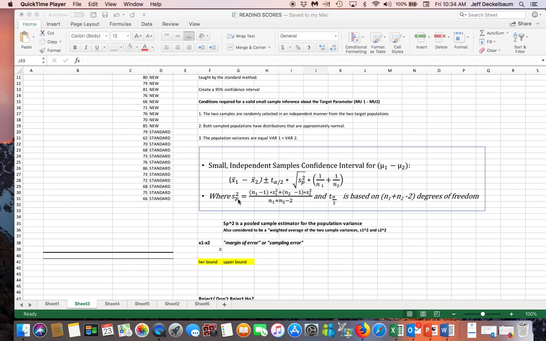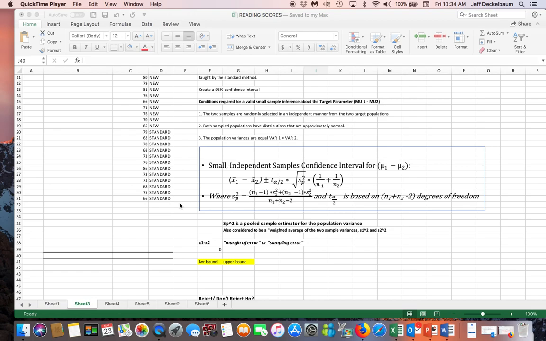This term SP squared is a pooled sample estimator for the population variance, also considered to be a weighted average of the 2 sample variances S1 squared and S2 squared.